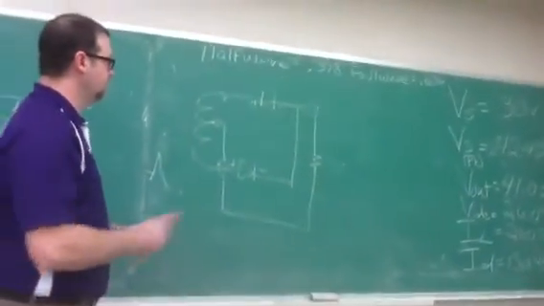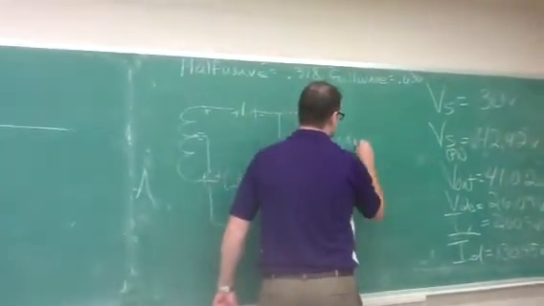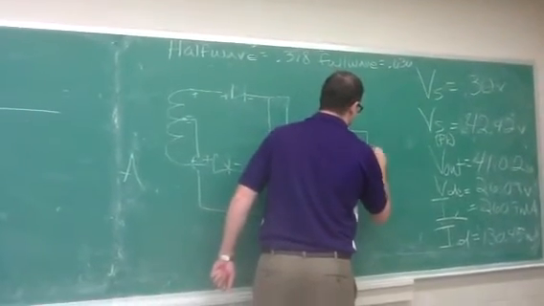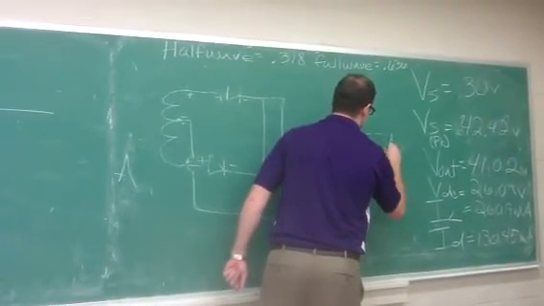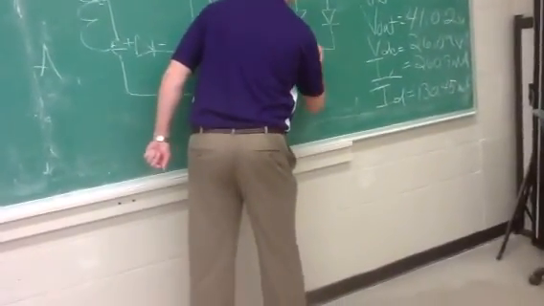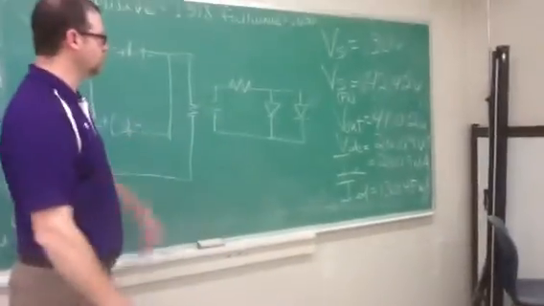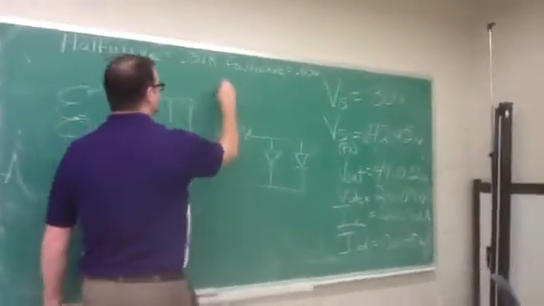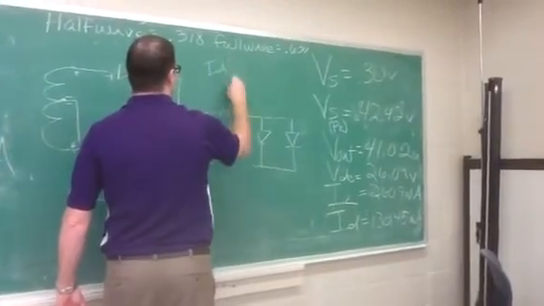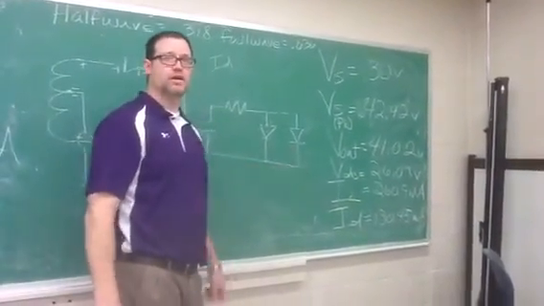I see. Yeah. Okay. And this can also be drawn like this. So this half wave can be drawn like this. So whenever you're looking for your current of your diode, you have to split it because it's in parallel.